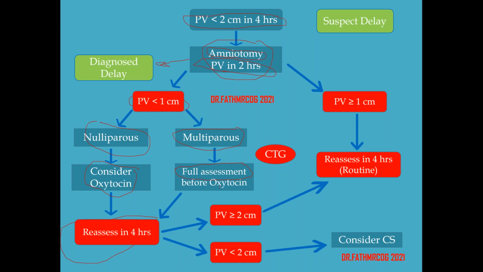If you give her oxytocin and after 4 hours you find it is still less than 2 centimeters, in both nulliparous and multiparous, you should consider cesarean.